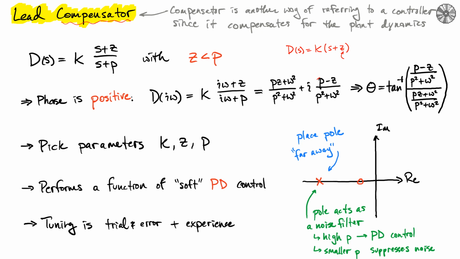But you can see we already moved to this idea that we can think about picking this gain k, and also choosing where this zero is located.